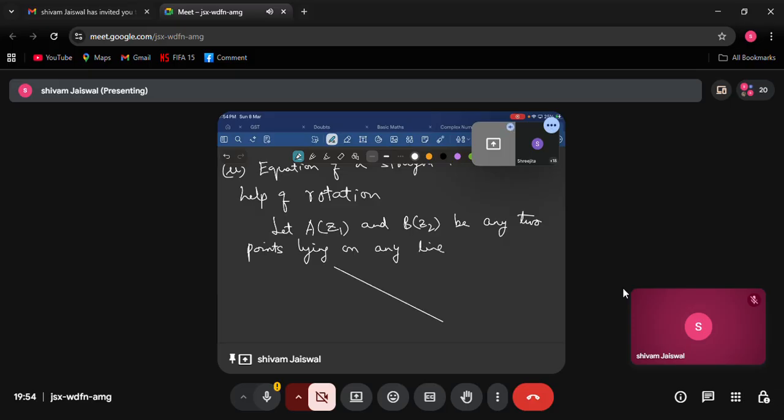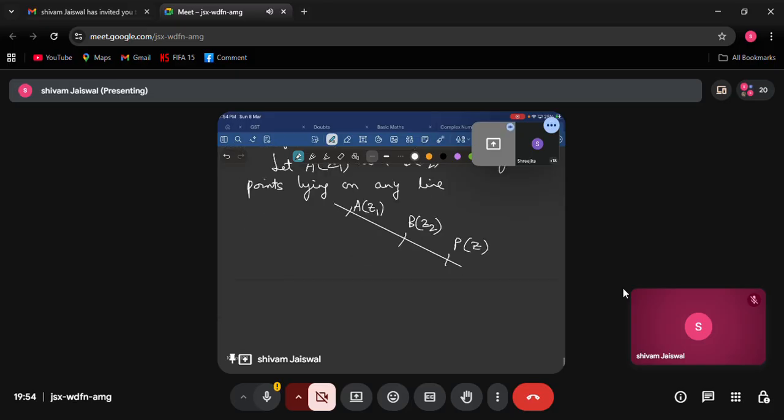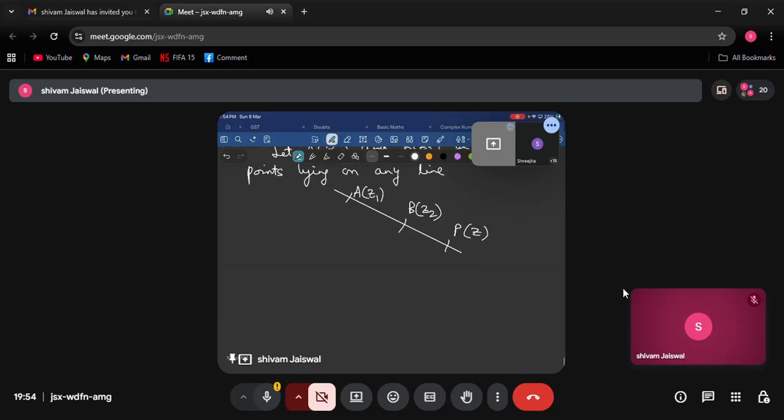Let us say A is Z1 and over here B is Z2. So over here what I'm going to do is take a variable point P of Z. Since P of Z is a variable point, okay everyone?